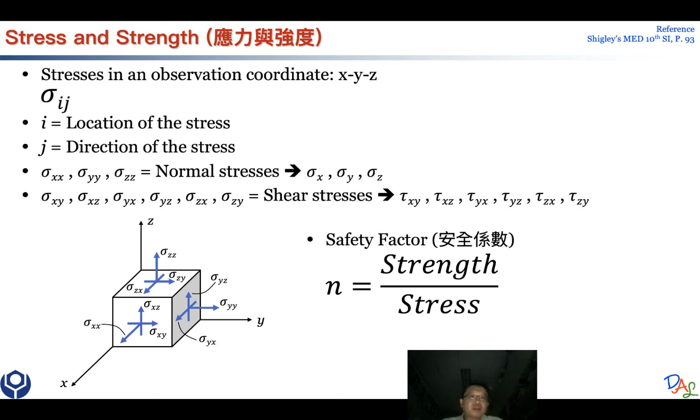Okay, so in stress analysis, sometimes when we see so many sigma symbols, we would like to simplify them. So usually sigma xx, yy, and zz, we simplify as just sigma x, sigma y, and sigma z.